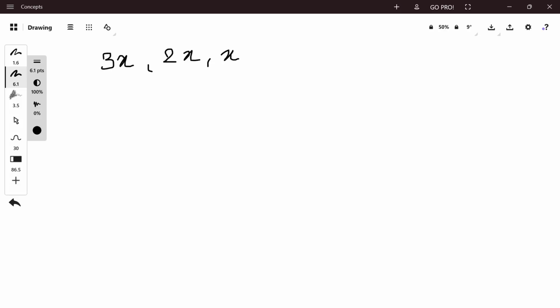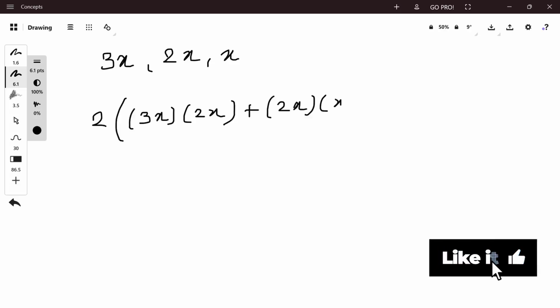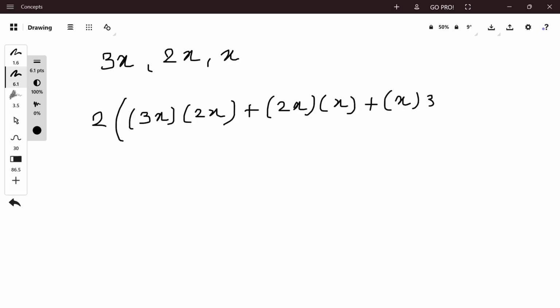Formula for TSA is 2 times LB plus BH plus HL. That is 2 times 3x 2x plus 2x x plus x 3x equal to 88.